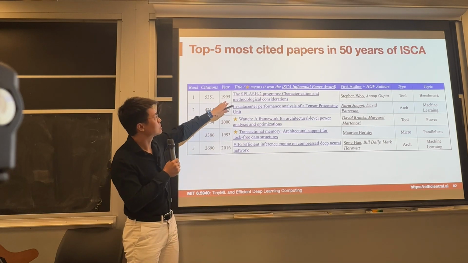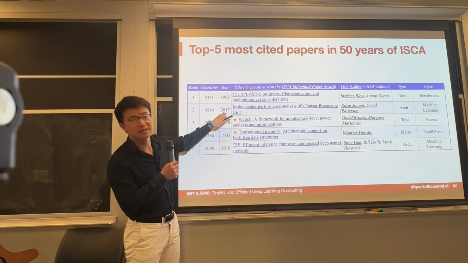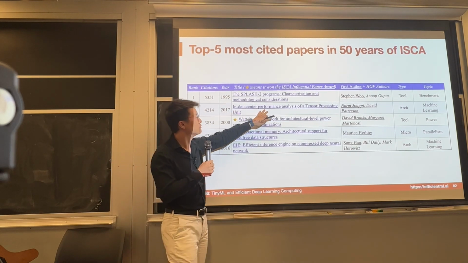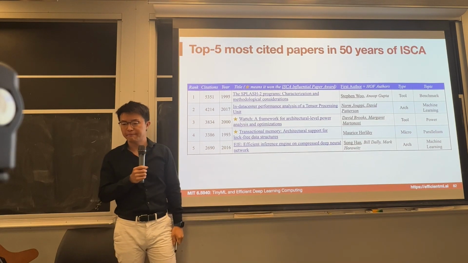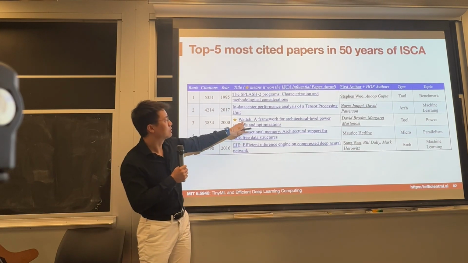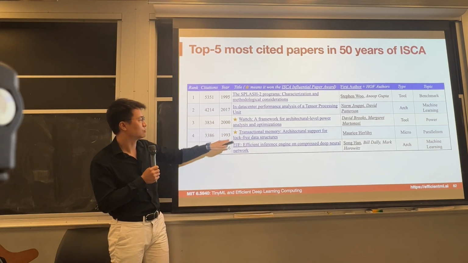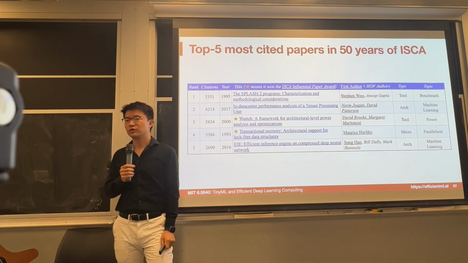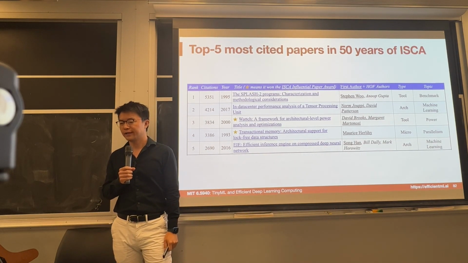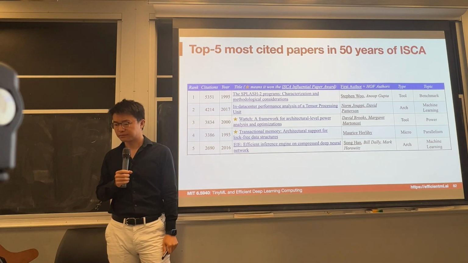The first one is from 1995. Then in 2017, the data center performance analysis of TPU, which is Google's TPU paper. And then a framework for architecture-level power analysis and optimizations, transactional memory, and EIE, which is the first one that introduced weight sparsity and weight pruning and accelerated it with a specialized accelerator.